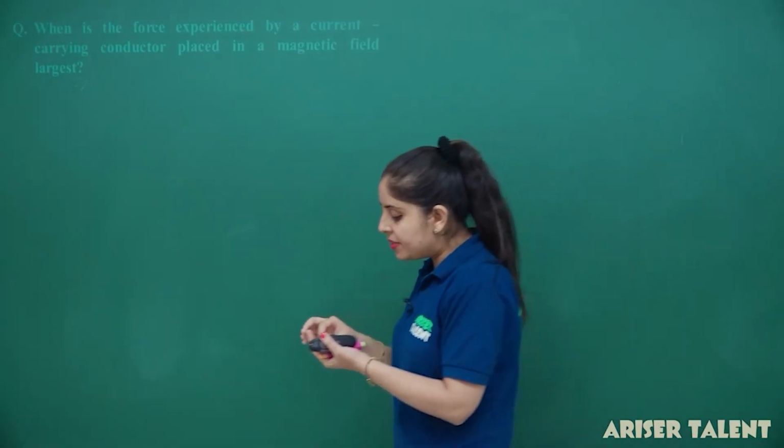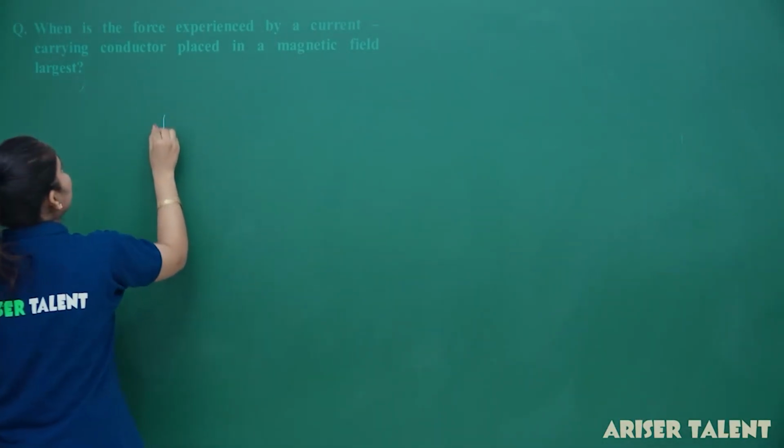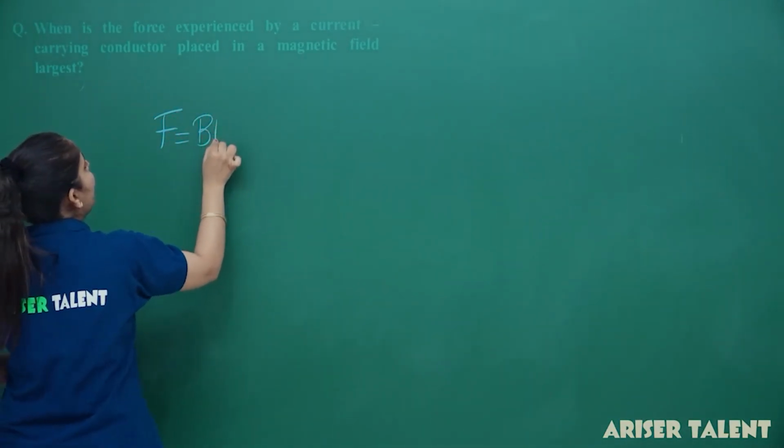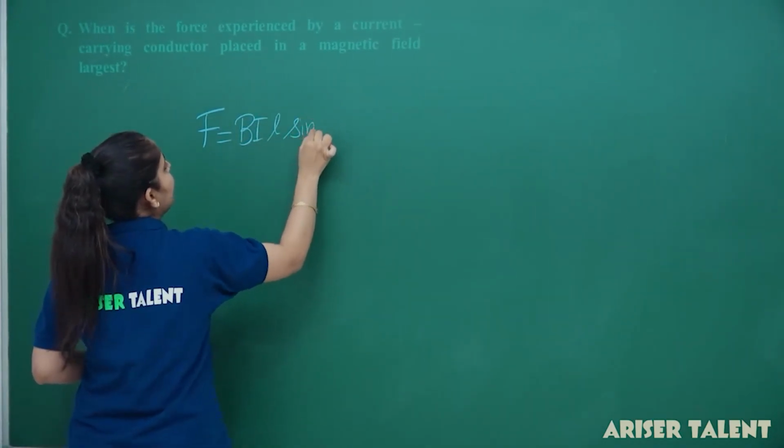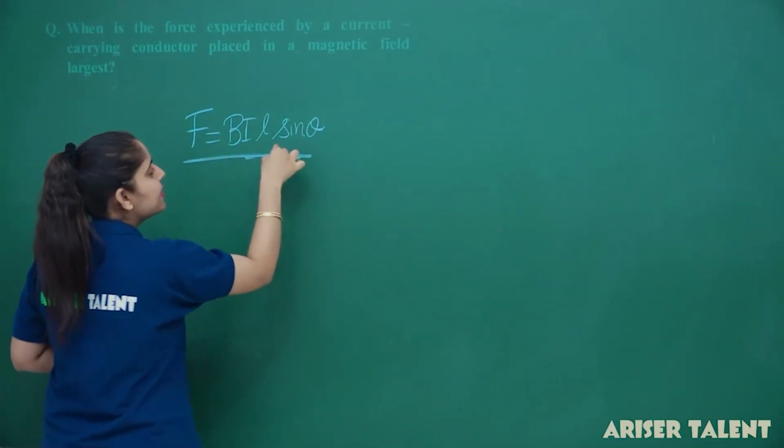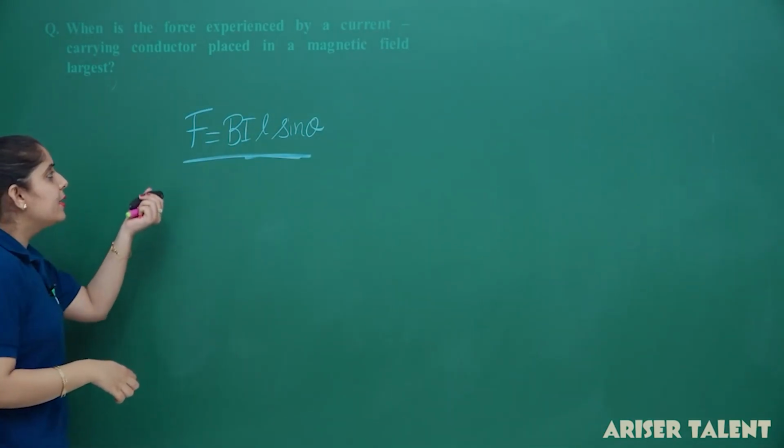This is a very interesting question, and this force will be given by BIL sin theta. So when will this force on the current carrying conductor be maximum?